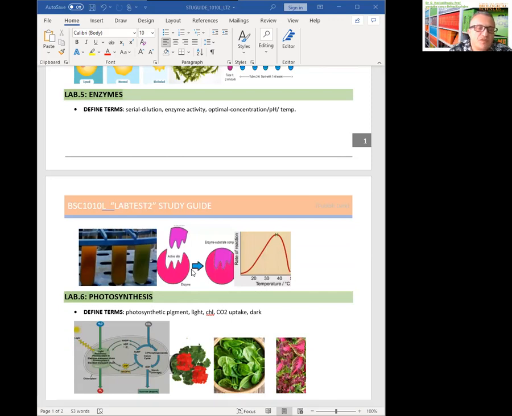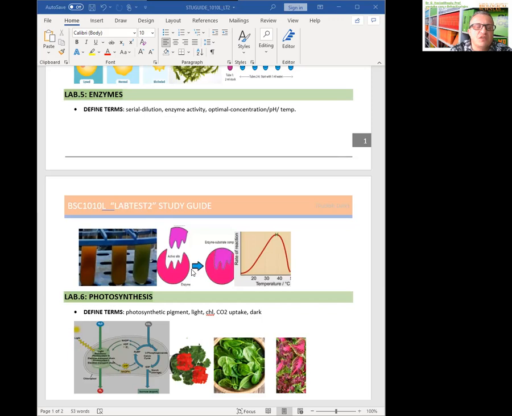Every enzyme has a substrate, and the enzyme reacts with the substrate, completes the reaction, and then moves on to the next reaction. But enzymes are very specific about what temperature they work at, what pH, and what concentration.